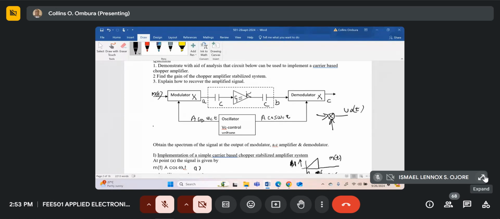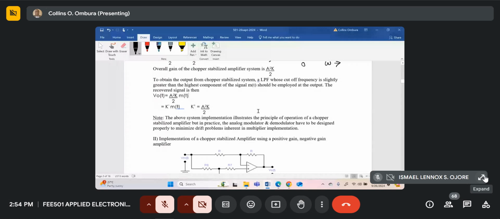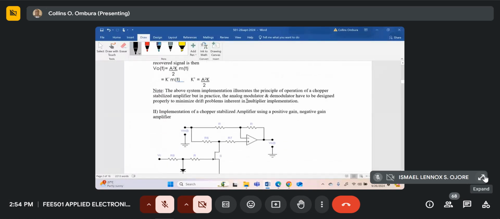But in electronics, we are the people to design this multiplier and see if that multiplier itself has got its own drift problems, which will add to our signal and therefore give rise to errors. So that's the meaning of the last statement of this implementation, the implementation using a carrier-based system.